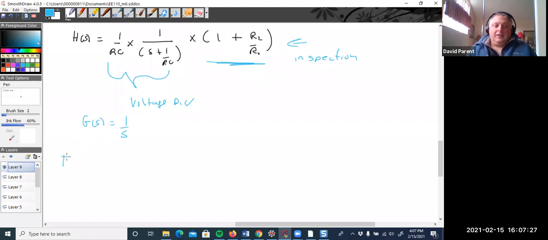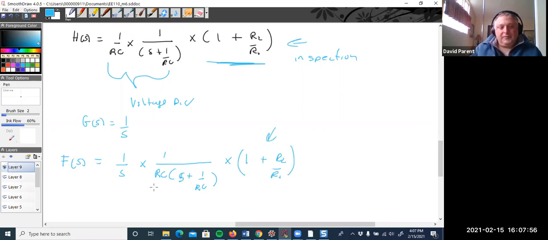So F(s) equals 1 over s times 1 over RC, which is just a constant.